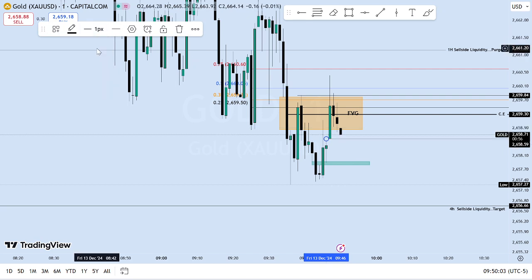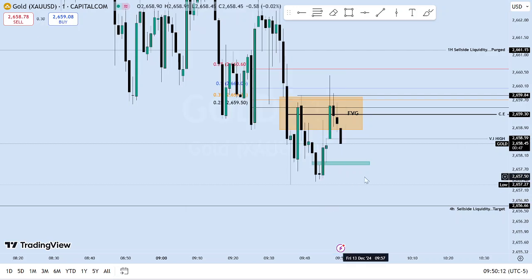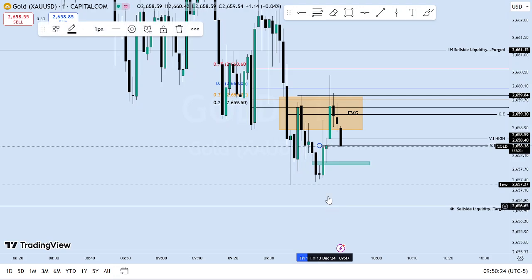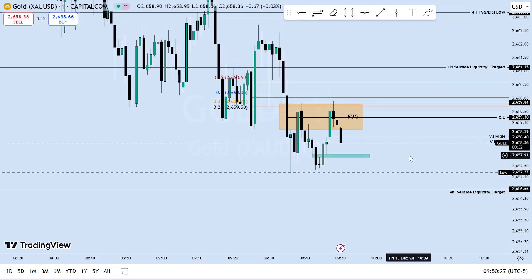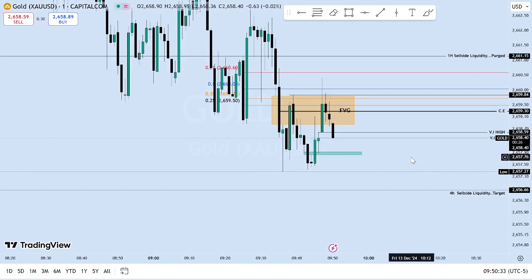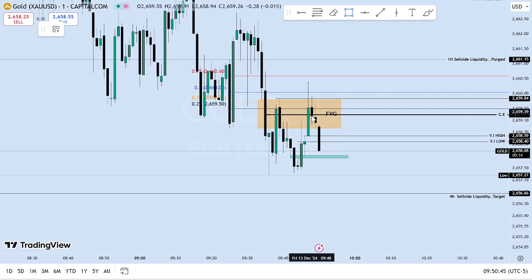So volume imbalance. We're looking at price action, volume imbalance low, high, and volume imbalance low. So inefficiency here too.